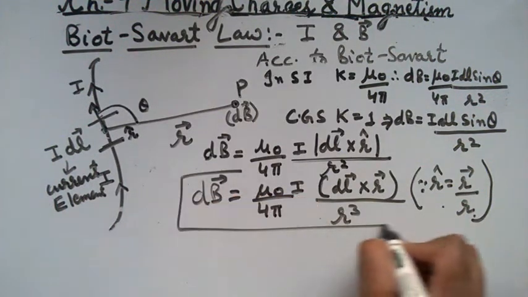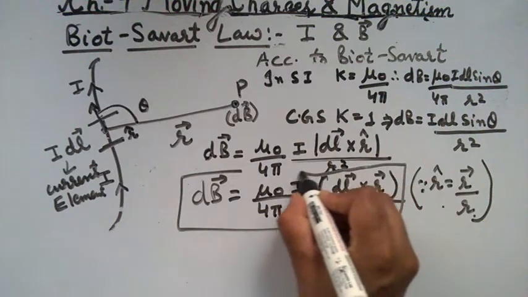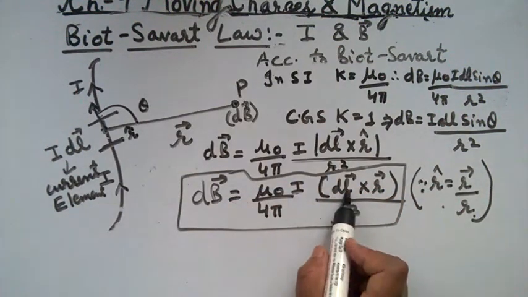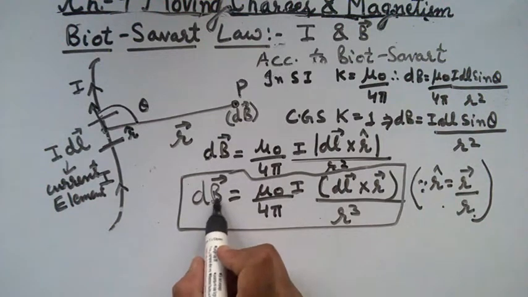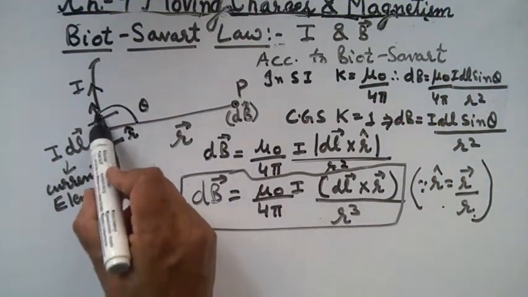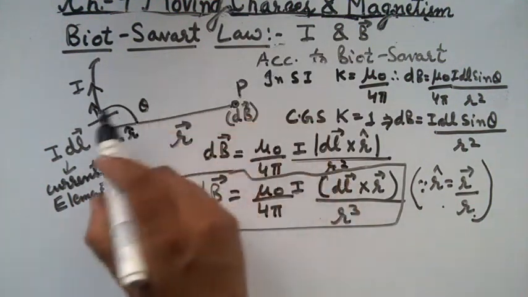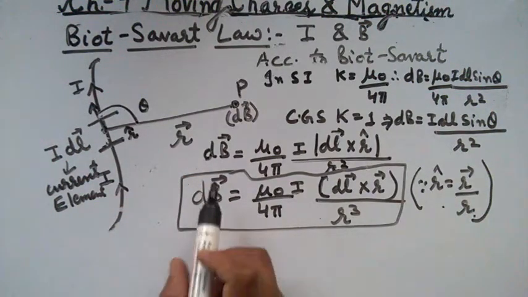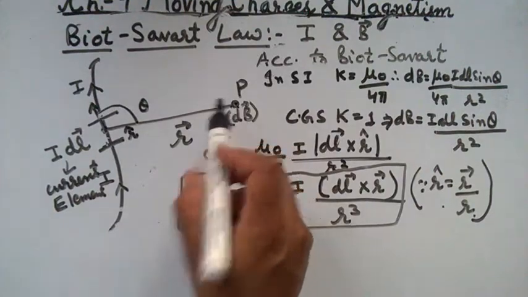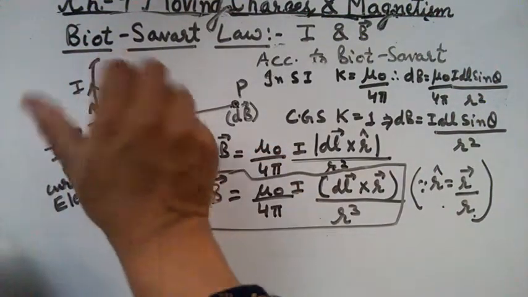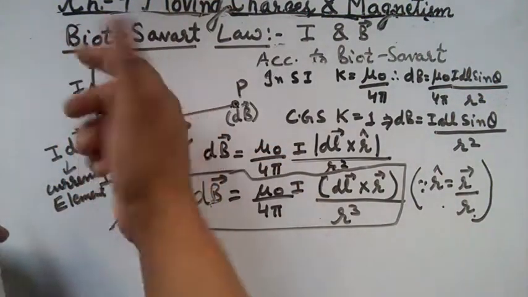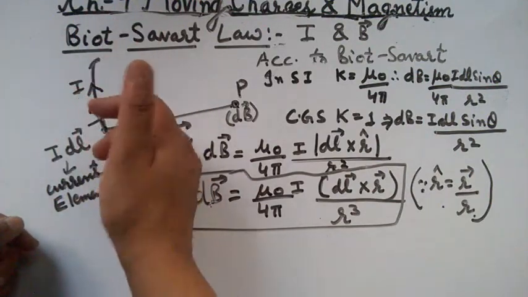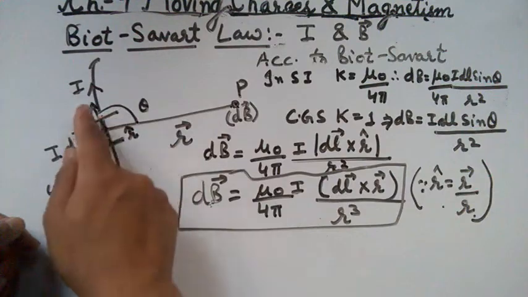So this is the value of magnetic field due to a small current carrying element, and the direction of this magnetic field is perpendicular to this current element. That is, we can find the direction of magnetic field by right hand screw rule or right hand rule. That is, if the screw moves in this direction where the current moves, the thumb gives the direction of magnetic field.